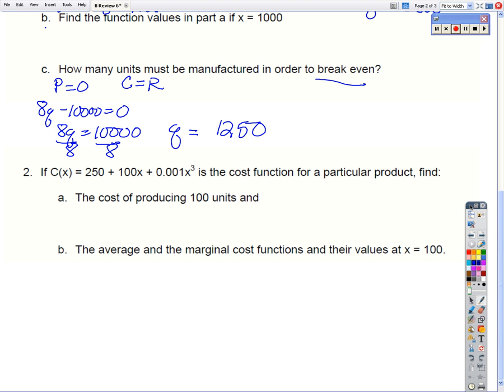Okay, the cost of producing 100 units for number 2 here, plug 100 into the cost equation. We get $11,250.